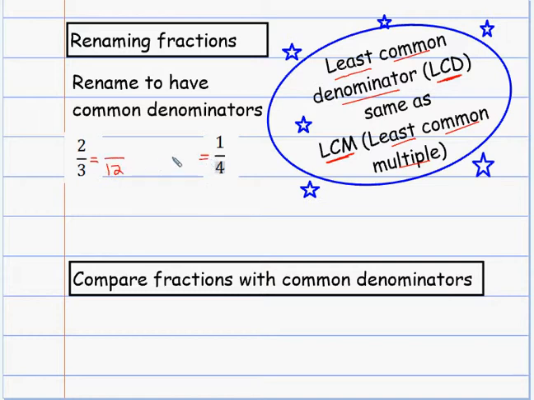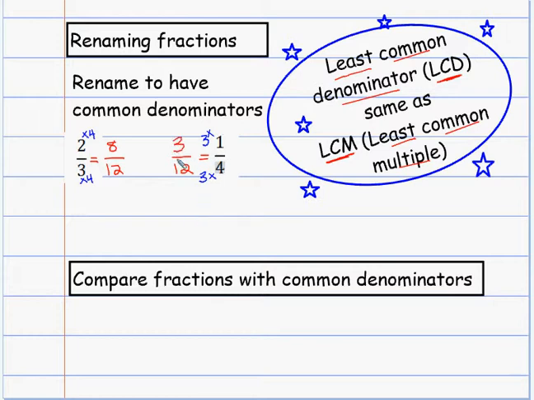What would I multiply times 3 to get 12? Times 4, so multiply the 2 times 4 as well, giving me 8/12. In the fraction 1/4, I would multiply times 3, so I multiply the numerator times 3 as well, which gives me 3/12.